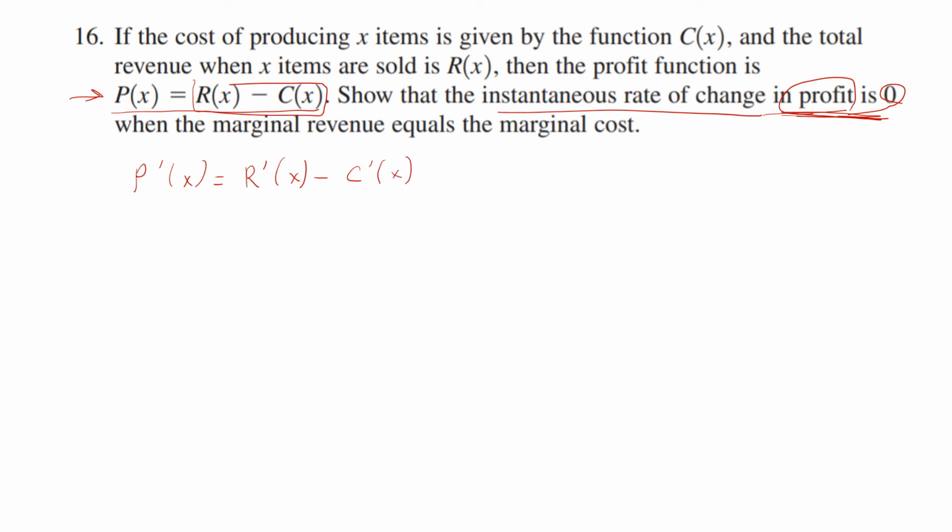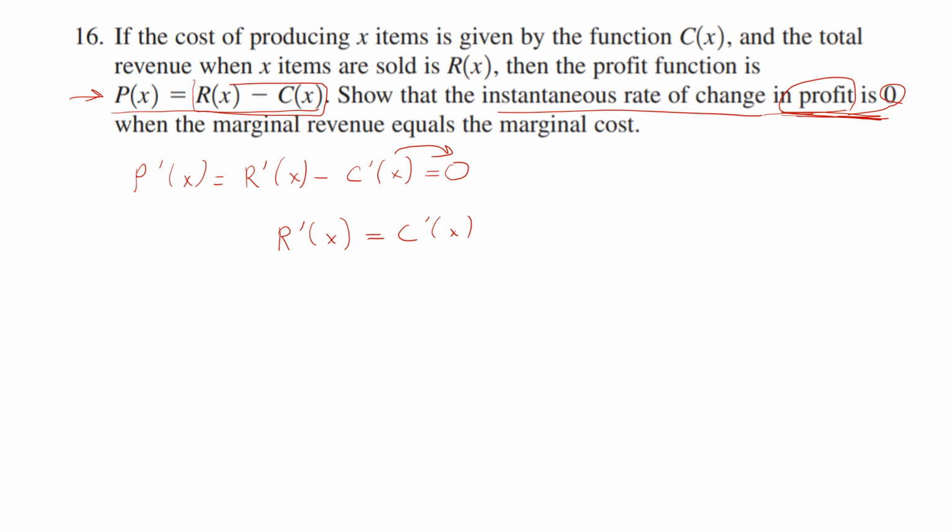Now that I have my derivative, what we did before in maximum minimum questions is we equaled this to 0. So from here, I can actually find what my revenue equals to by sending this to the other side as positive sign, right? So technically my revenue, derivative of my revenue will equal the cost.